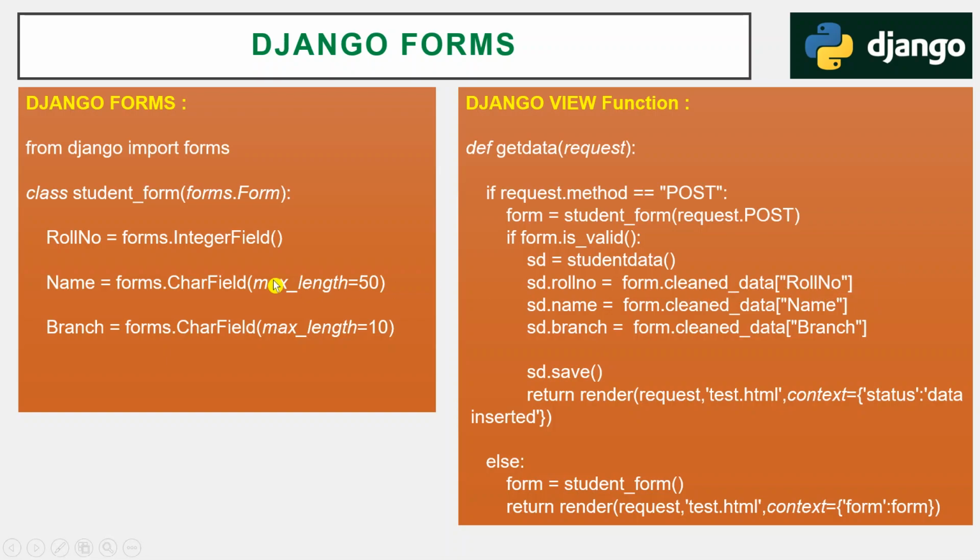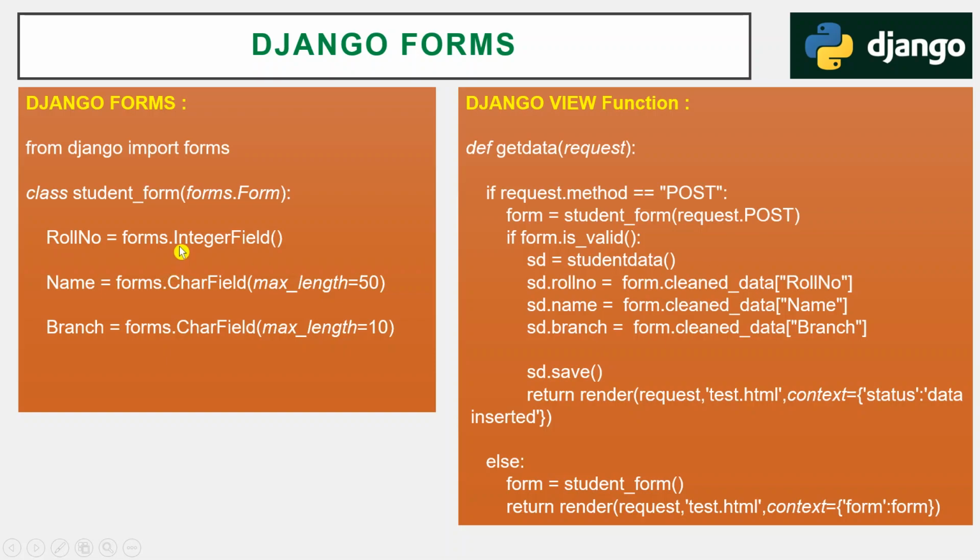Whatever constraints we had imposed, strictly that constrained data will be there. So form.cleaned_data of roll number: whatever roll number the user provided will be stored inside the roll number here.